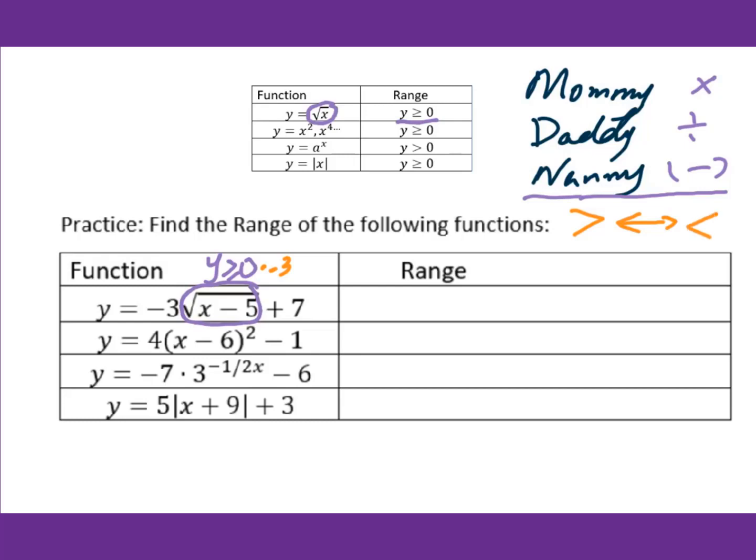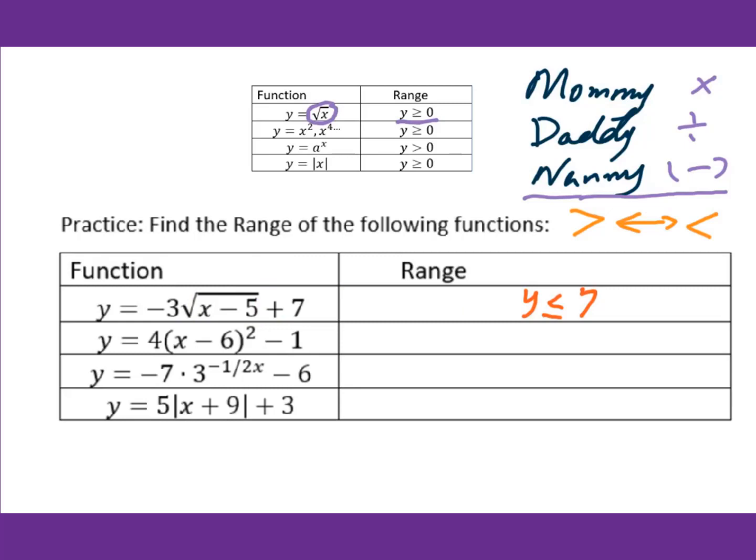Since you multiply by negative 3, you have to switch the symbol like this: y less than or equal to 0. Then you add 7. Therefore, the range for this square root function will be y less than or equal to 7.